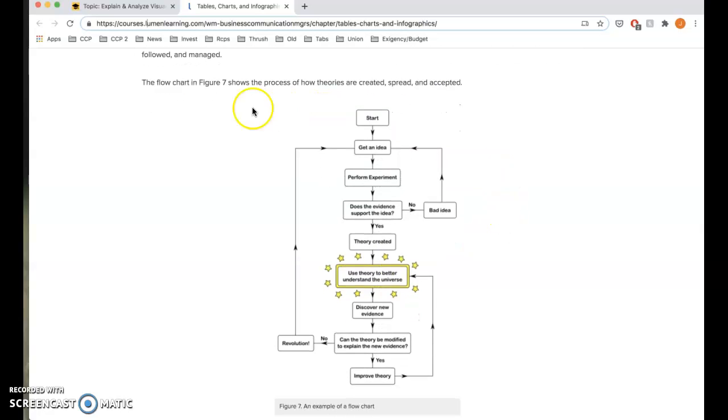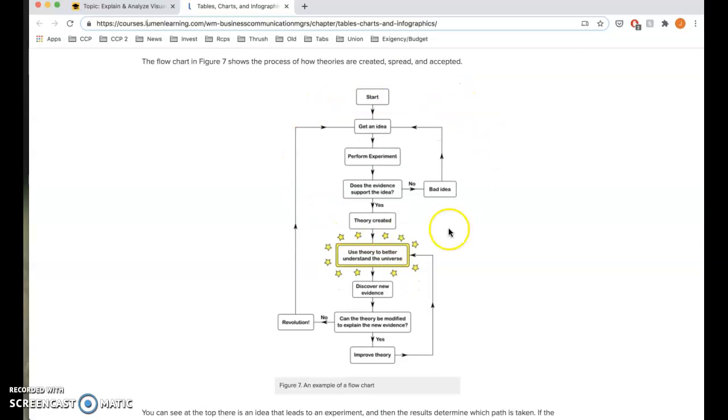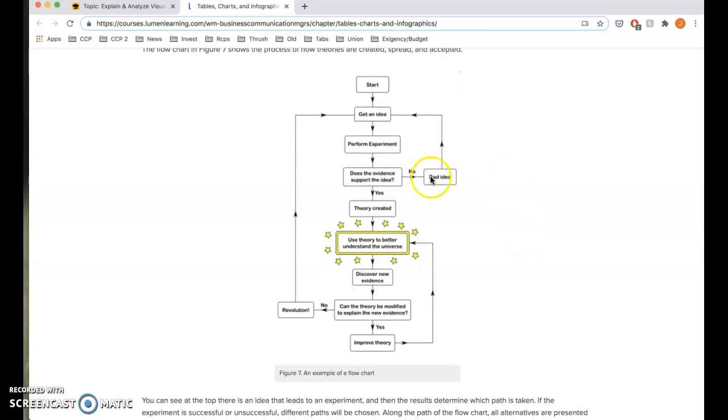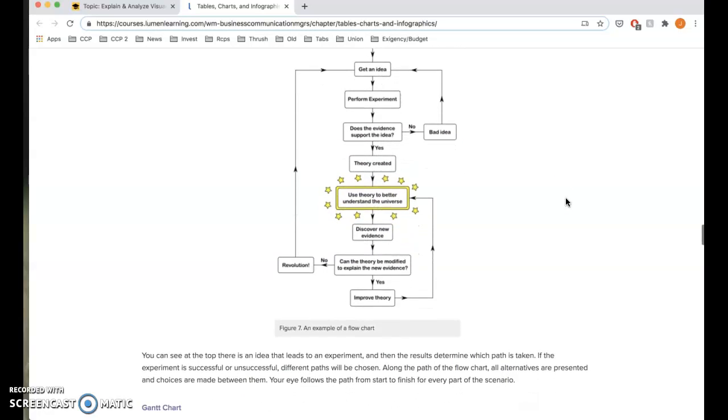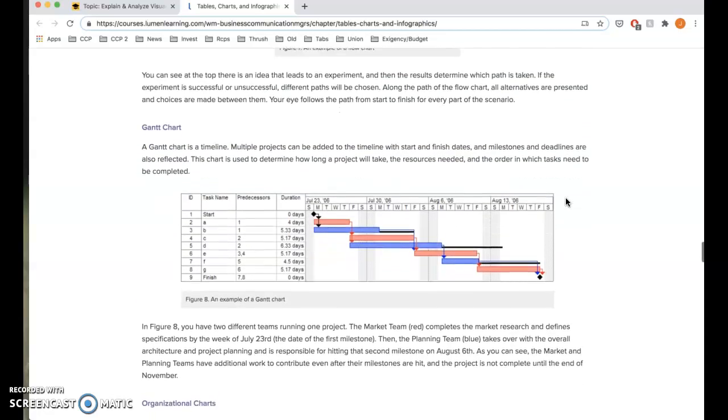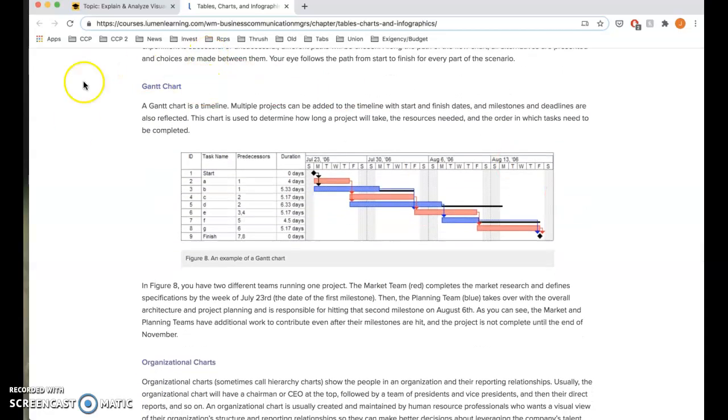This shows the process of how theories are created, spread, and accepted. So this may be theories beyond scientific theory, talking in a more general way about theories, like theories about culture or theories about music or anything like that. And I'm going to tell you to skip the Gantt chart because it's one that's far less frequently seen.